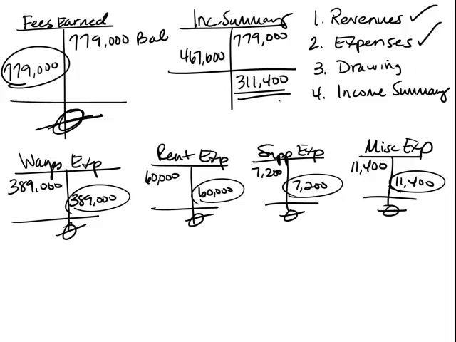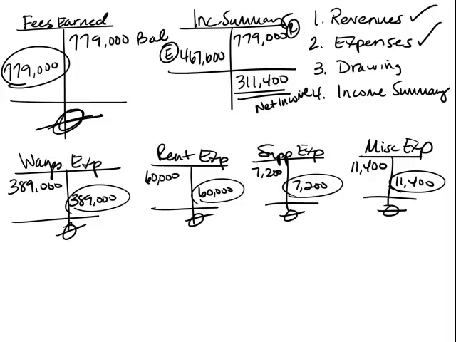What is that 311,400? What's another name for that? What's that balance? Net income, absolutely, yep. Because this was the amount of revenues, this was the amount of expenses, and so this is the same thing as net income, right?